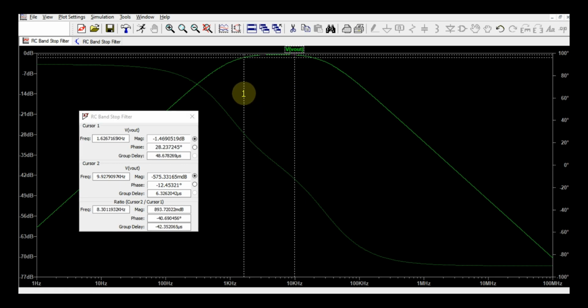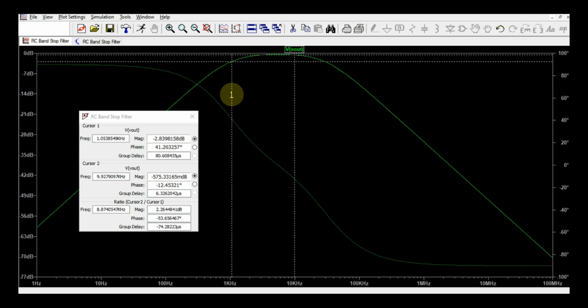I will adjust my cursor to 1 kilohertz. So you can see this is your lower cutoff frequency, which is nearly equal to 1 kilohertz. At the lower cutoff frequency, you can see your magnitude is minus 3 dB and your phase is 42.5.